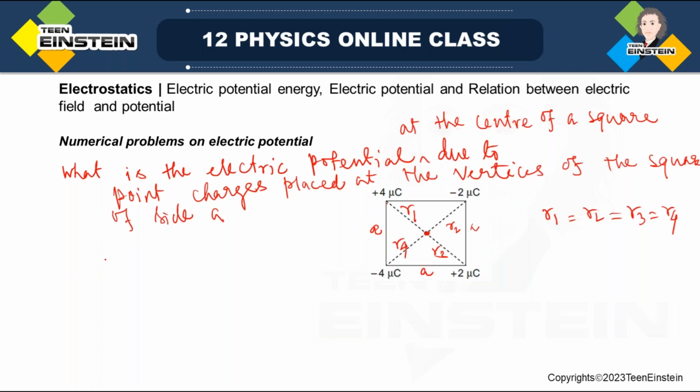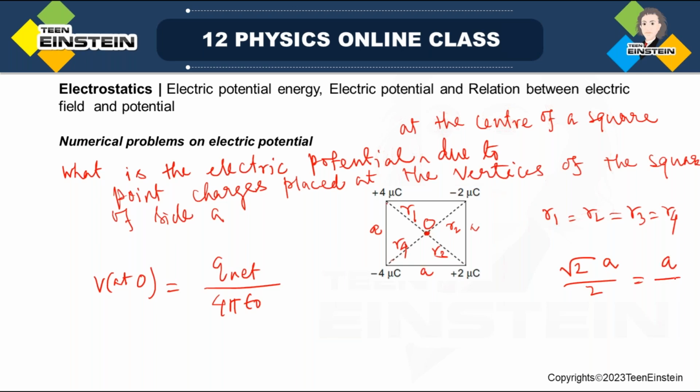For this case, you can just apply this formula: potential at the center, let us say this is O, at O is given by Q net charge divided by 4 pi epsilon naught r. In this case, if the side is A, the distance will be root 2 A divided by 2, so this will be A by root 2 actually.